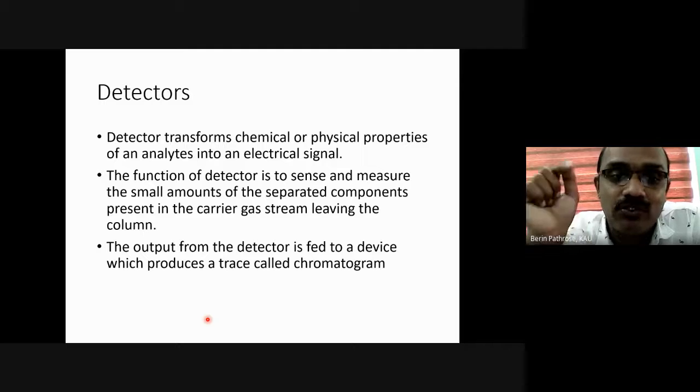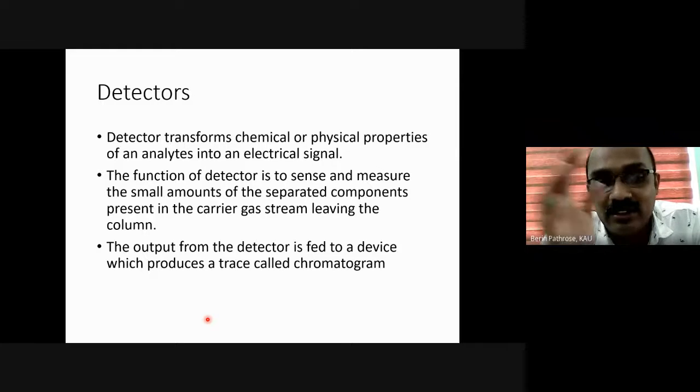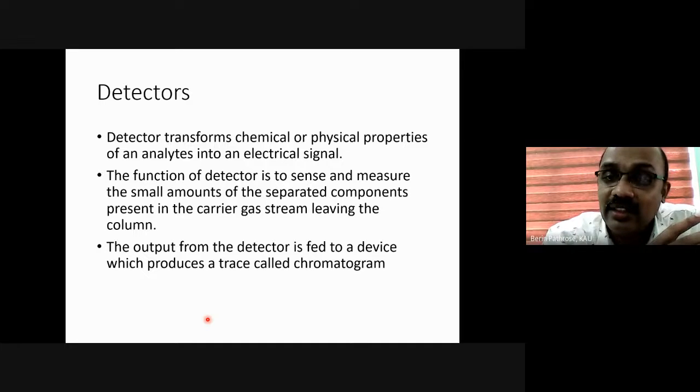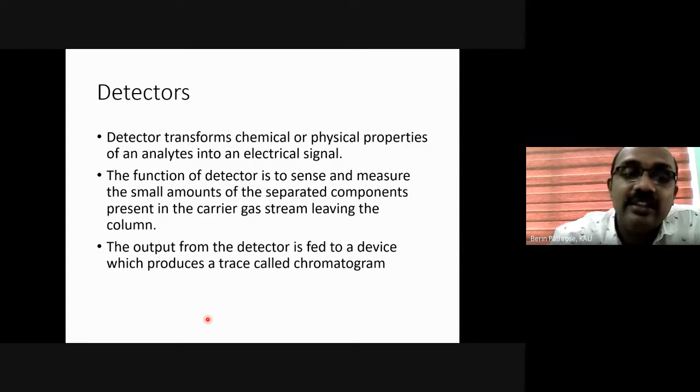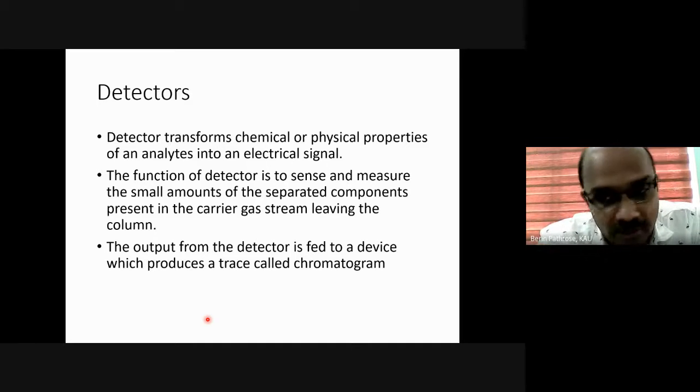Measure the amount of the compound from the separated components as the carrier gas carries the individual components through the column. And whatever the detector detects is fed to a computer and it gives a chromatogram. We will see what a chromatogram is.